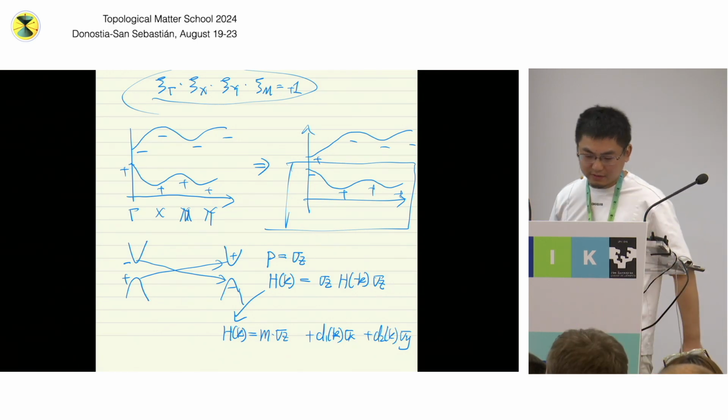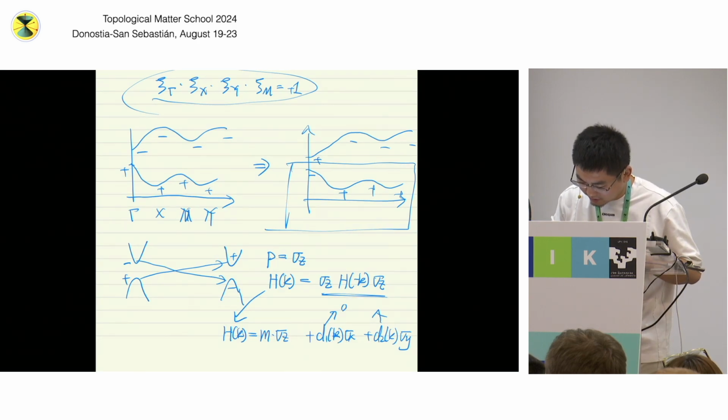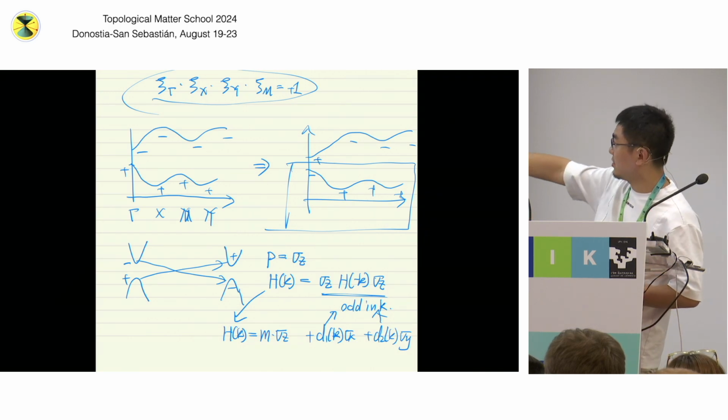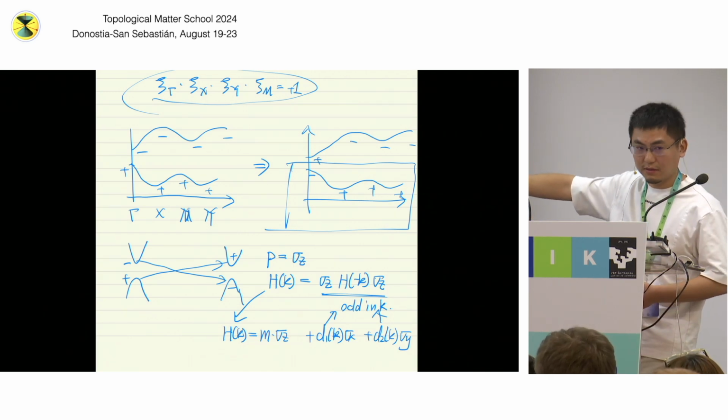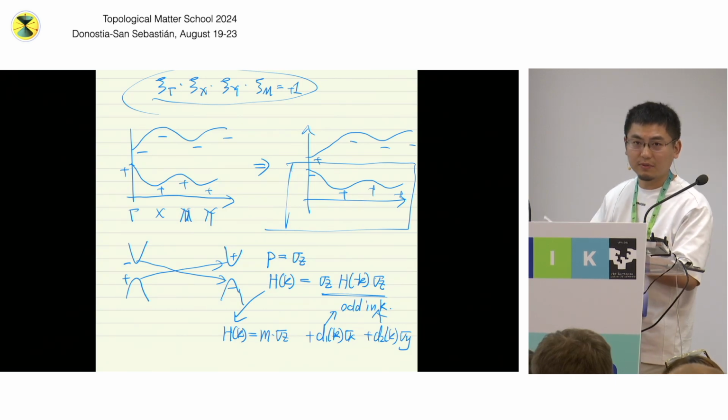It's invariant under the inversion. Following this constraint, we immediately know that d1 and d2 are odd in k. So when k is 0, the Hamiltonian is simply m times sigma z, and the band inversion is realized by the changing of sign of m, right?